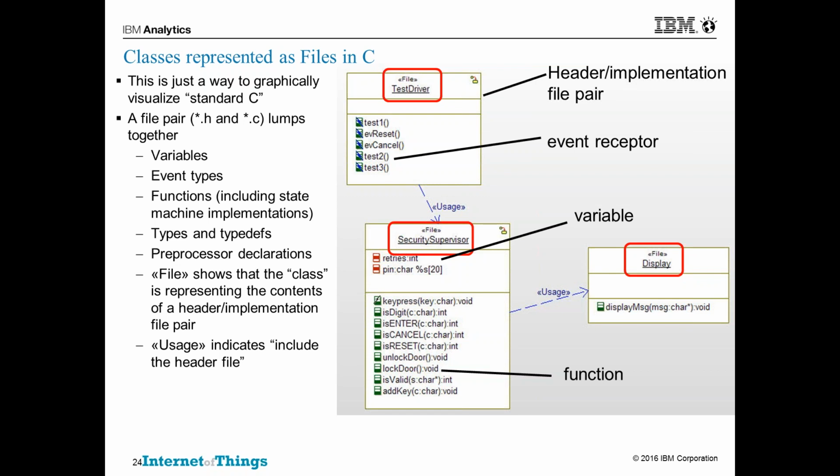And it then references the security supervisor file, and that usage reference means that basically it's included in the header file. So I can find it, I can invoke those services, like is digit, is canceled, is reset, unlock the door, and so on. And the security supervisor file then references off to the display file so I can display messages on the screen. And again, it means that the service display message shows up in the header file so I can invoke that service.